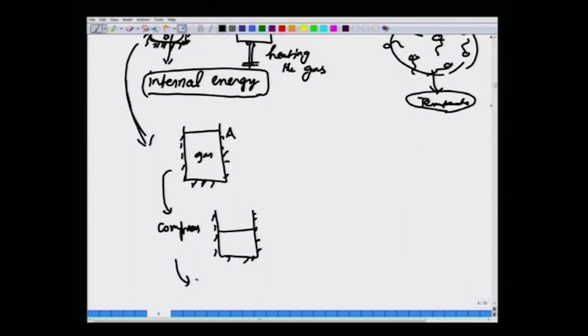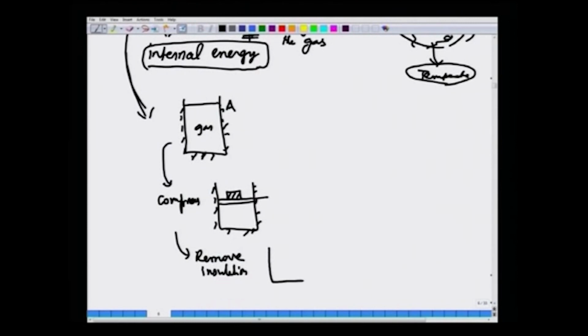Now, remove the insulation. Let us say we are compressing using a weight. So, maintain the position of the weight, so that you are not allowing the piston to expand. Just remove the insulation.